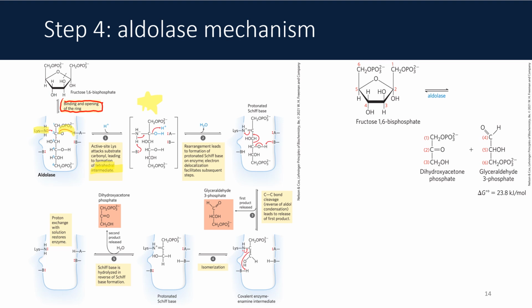The general base will attack one of the protons on our bound lysine, and that will cause the electrons in its NH bonds to move over onto our NC bond.